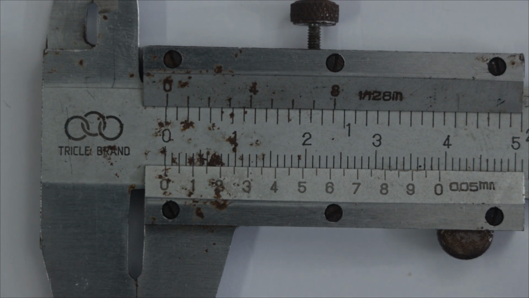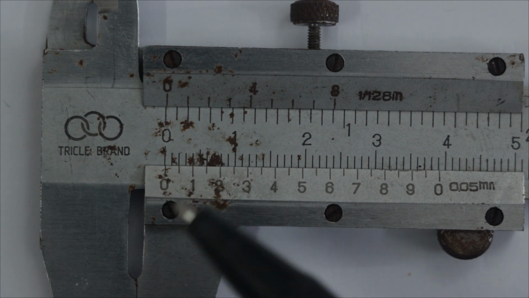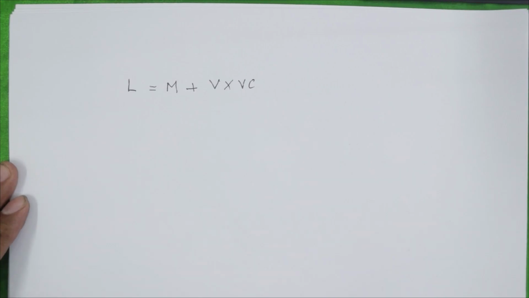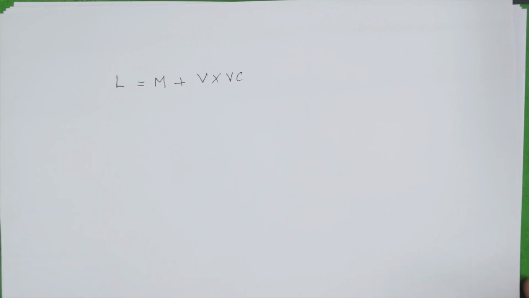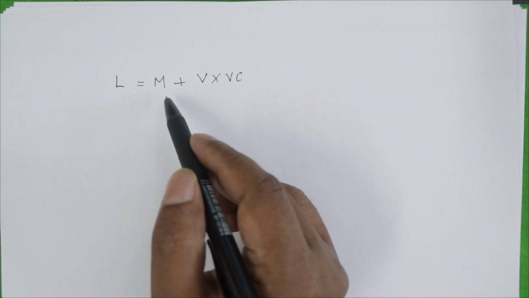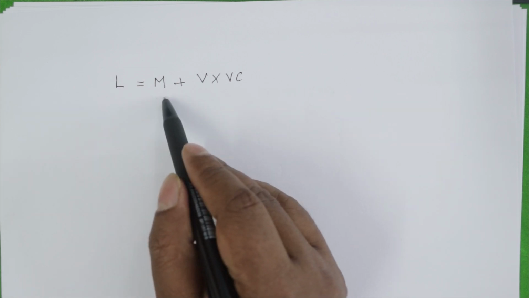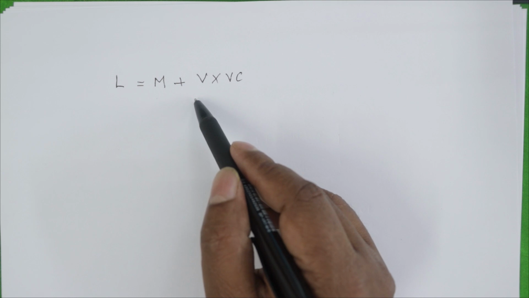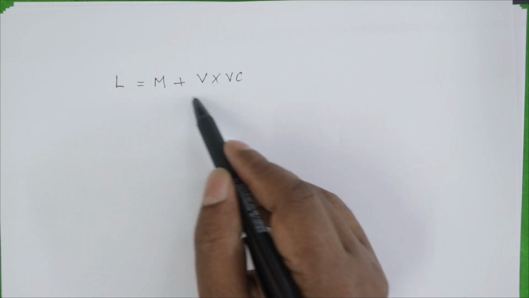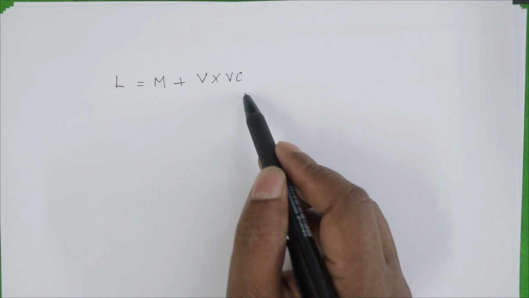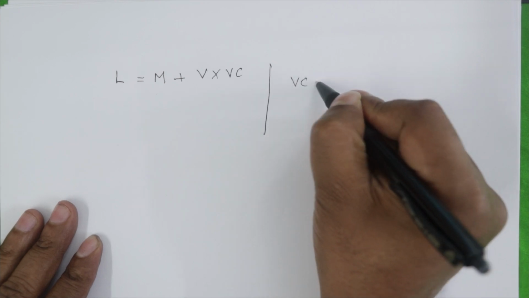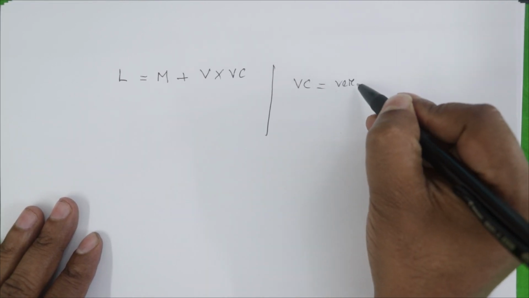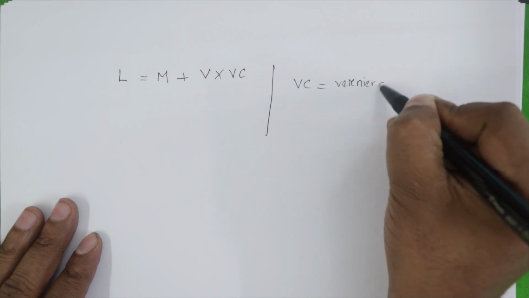When the jaws touch, the length of the rod is equal to the main scale reading plus the Vernier scale coincide times the Vernier constant: L = M + V × VC. M is the main scale reading, V is the Vernier scale coincide, and VC is the Vernier constant.